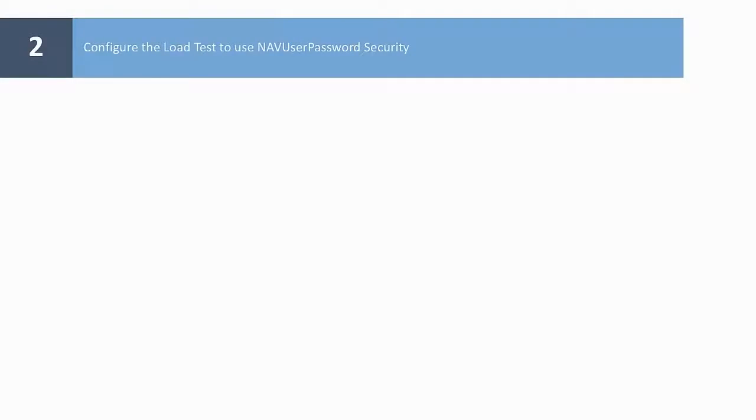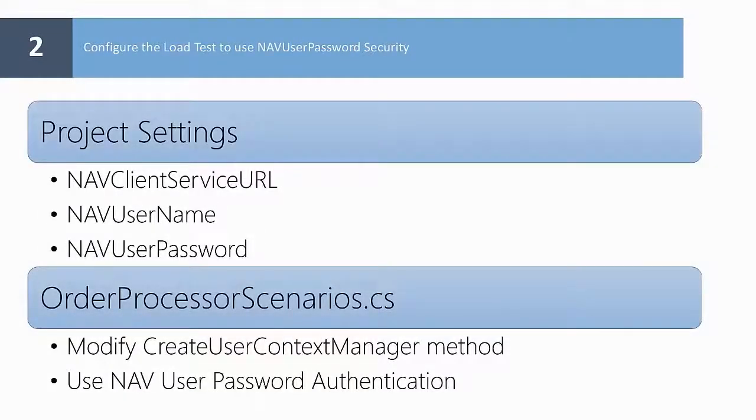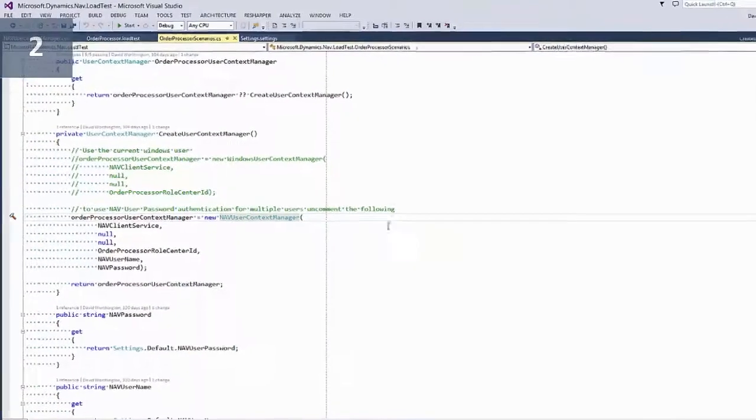So the first step is to configure the project settings with the information about our server, including the username and password that we're going to be using, and then we will modify the order processor scenarios to use the NAV user password authentication. So let's just have a look at that.